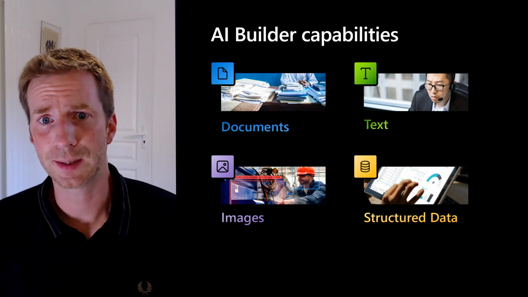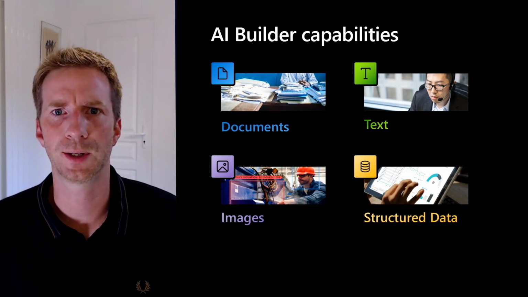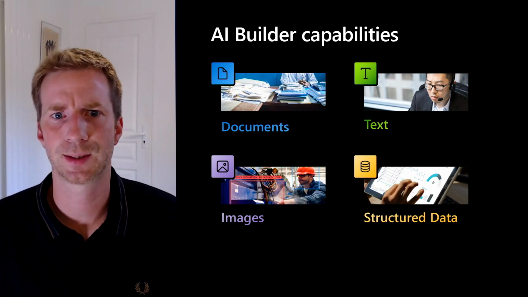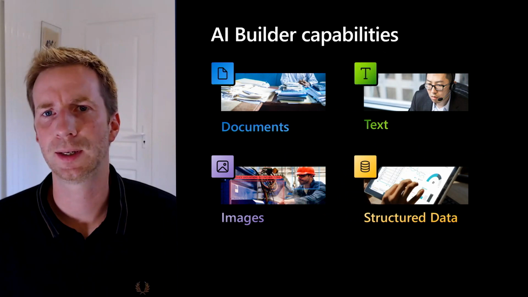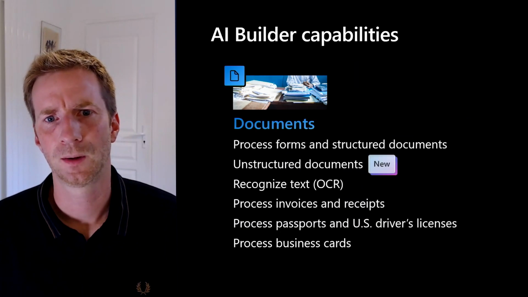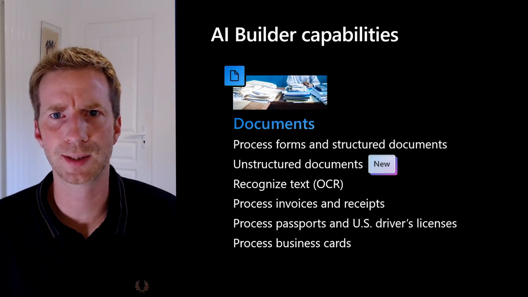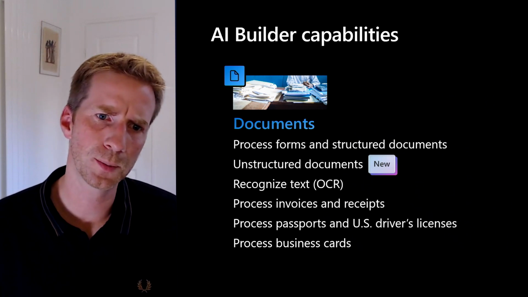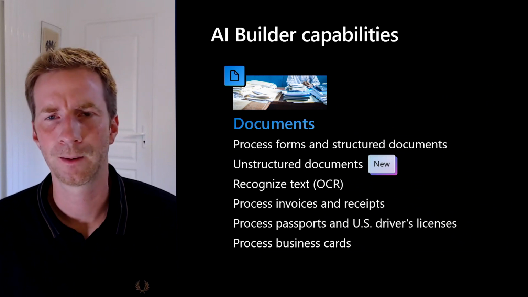In terms of capabilities, AI Builder allows you to apply models to 4 broad data categories: documents, texts, images, and structured data. Let's look at these capabilities in a little bit more detail. For documents, users can train custom models to extract and process data from either structured forms or unstructured documents, like contracts or statements of work.